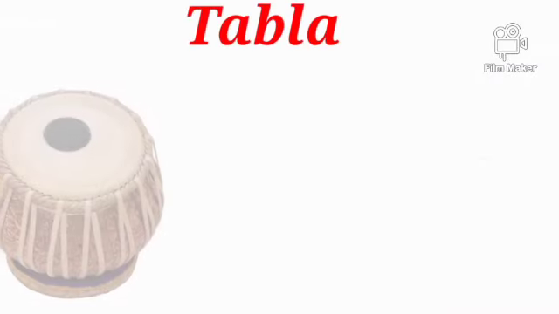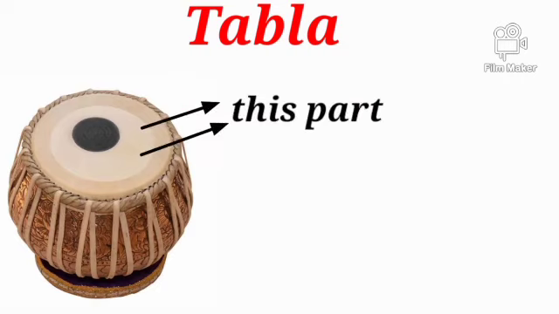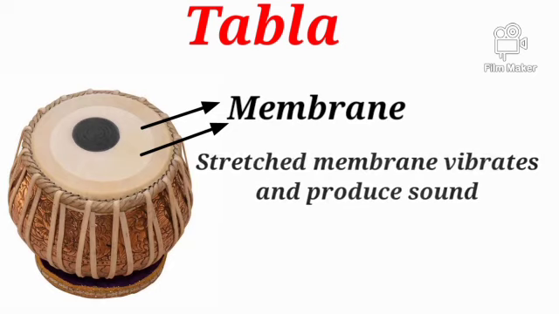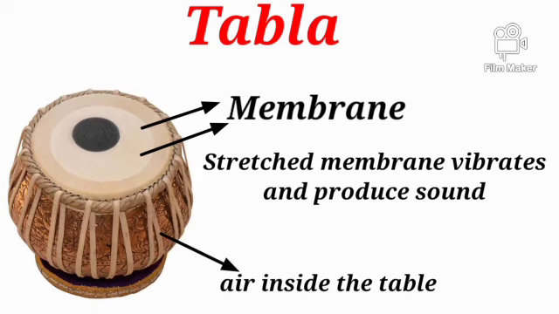Next is tabla. How do you think that sound is produced in this instrument? When you play, you hit this part of it, and this is known as a membrane, a thin sheet of skin. When stretched membranes vibrate, they produce sound, and air inside the tabla also produces sound.